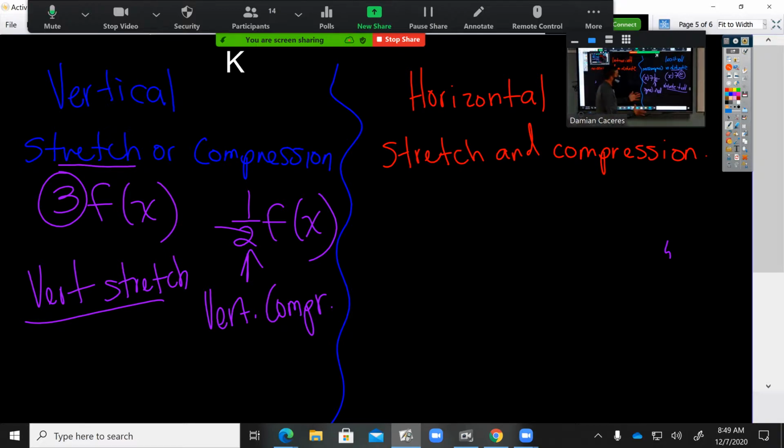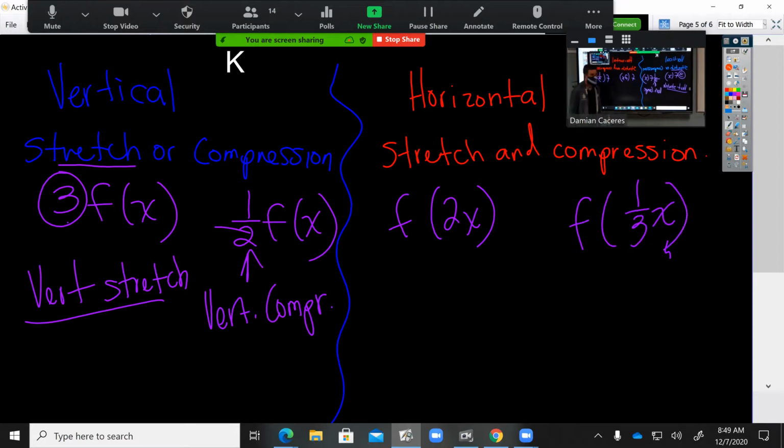So how do you actually finish labeling it? The first one would say vertical stretch by a factor of 3. The second example would be vertical compression by a factor of 1/2. But now, what if the number is in the parentheses like this? If it's in the parentheses, now you no longer call it vertical.